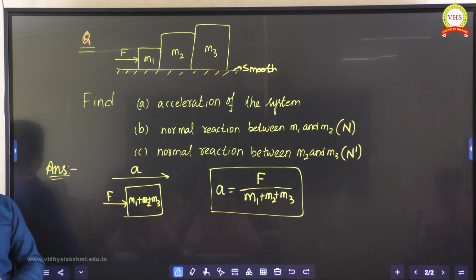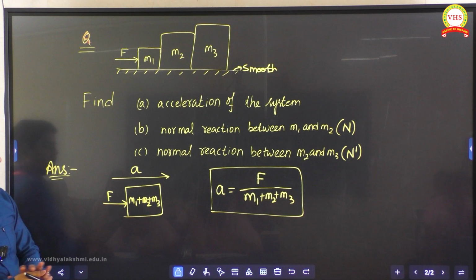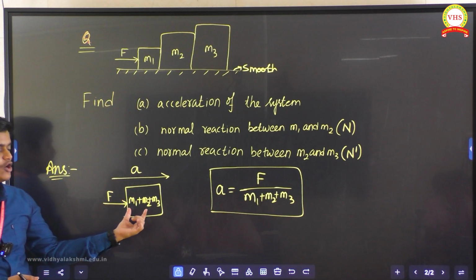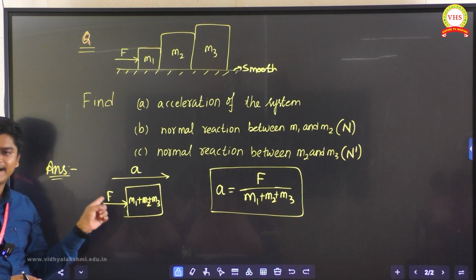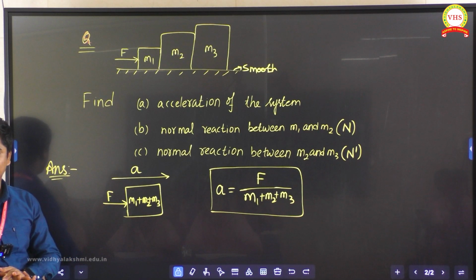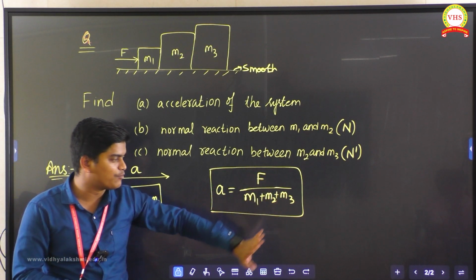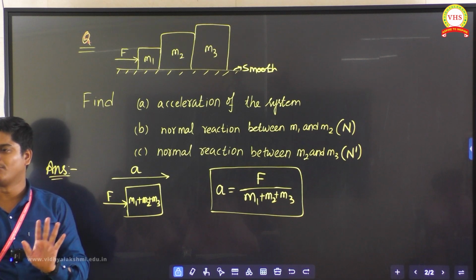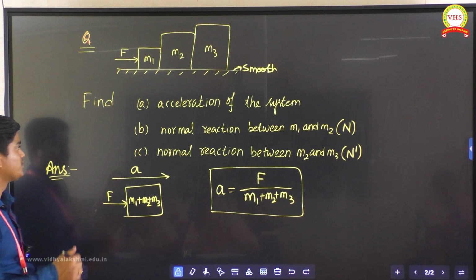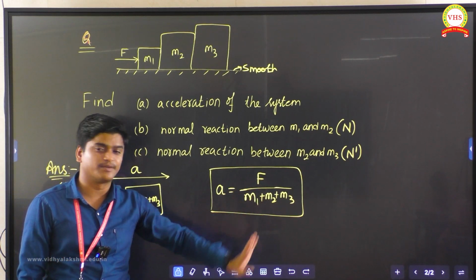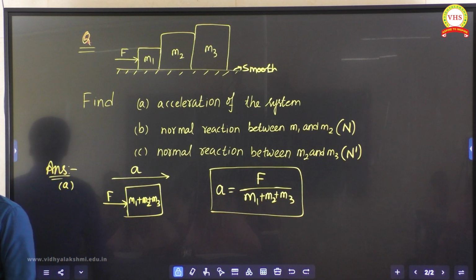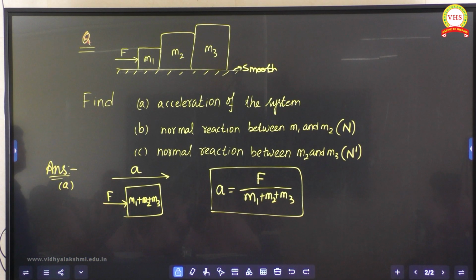As I consider this total mass as one mass only, that is M1 plus M2 plus M3, and how much force is applied? Capital F. Then what will be the acceleration? Acceleration will be F by M1 plus M2 plus M3. No doubt here, right? So this is the first question's answer. The acceleration of the object is nothing but F by M1 plus M2 plus M3. Clear or not? No doubt here.